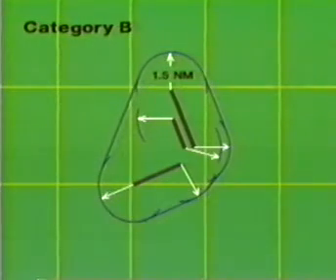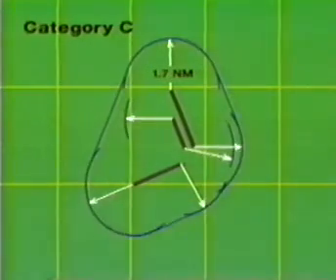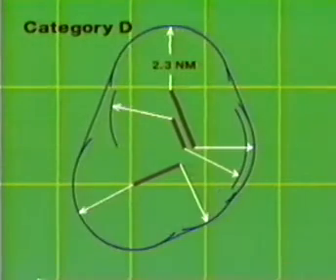The protected airspace for Category B aircraft extends out to 1.5 nautical miles. Category C extends out to 1.7 miles, while Category D arcs extend to 2.3 nautical miles from the end of each usable runway.